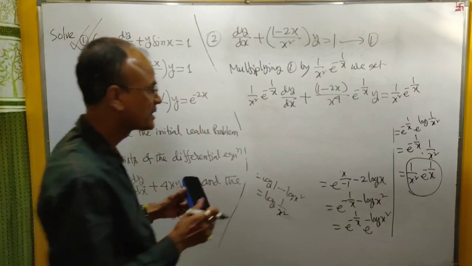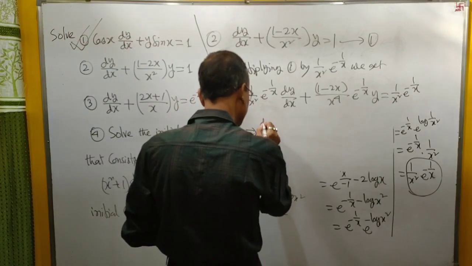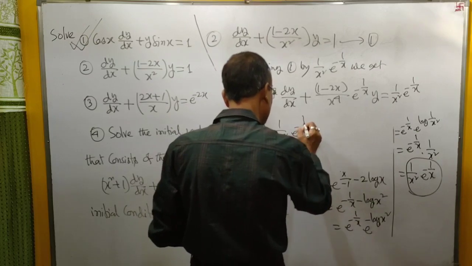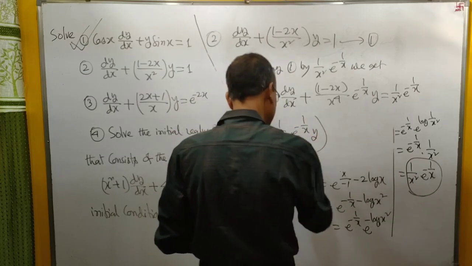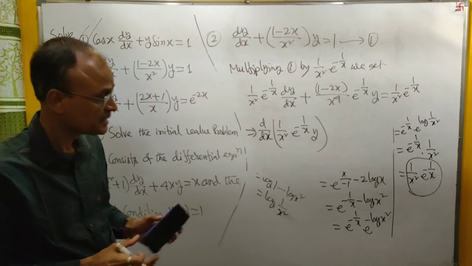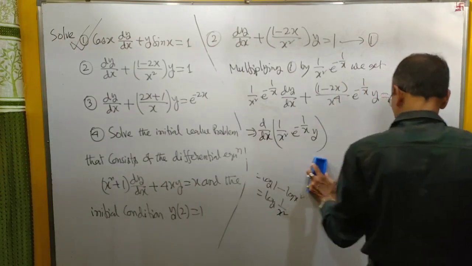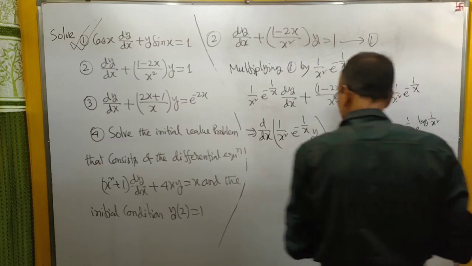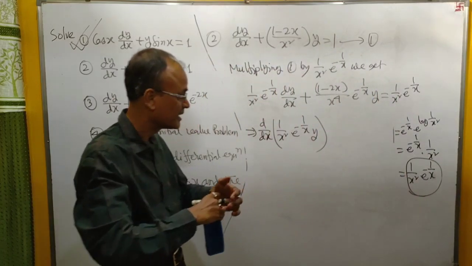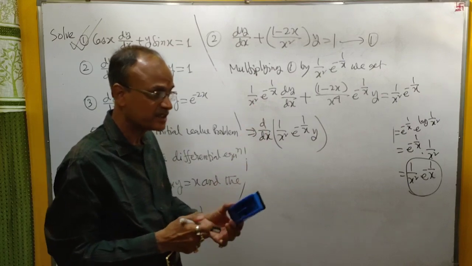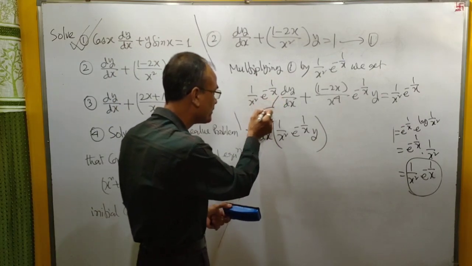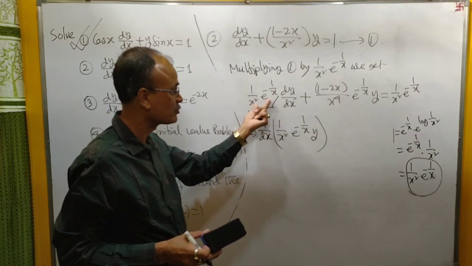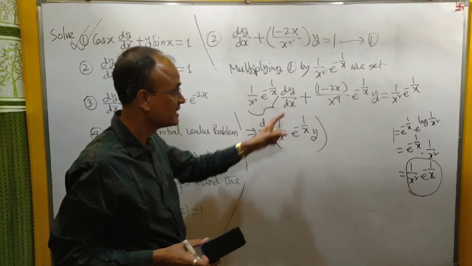Now you see, the left side can be written as d/dx of ((1/x²) e^(-1/x) y). Treat (1/x²) e^(-1/x) as the first function and y as the second function.